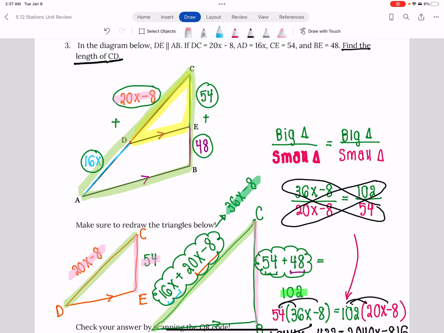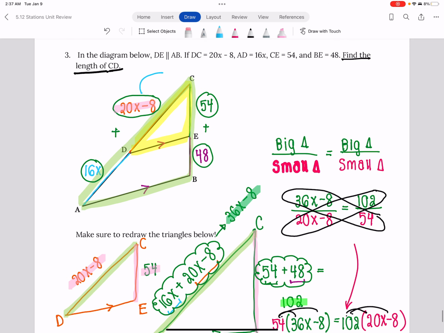So let's go ahead and do our final step of plugging in x equals 4 into this expression here. That gives us 80 minus 8, which is 72. So our final answer is that line segment CD is equal to 72 units.